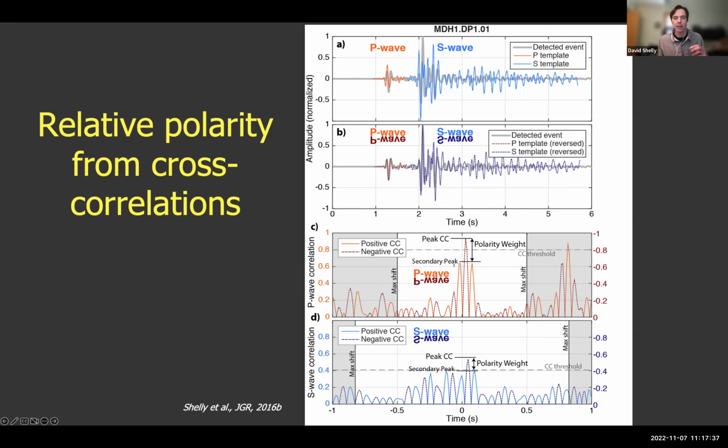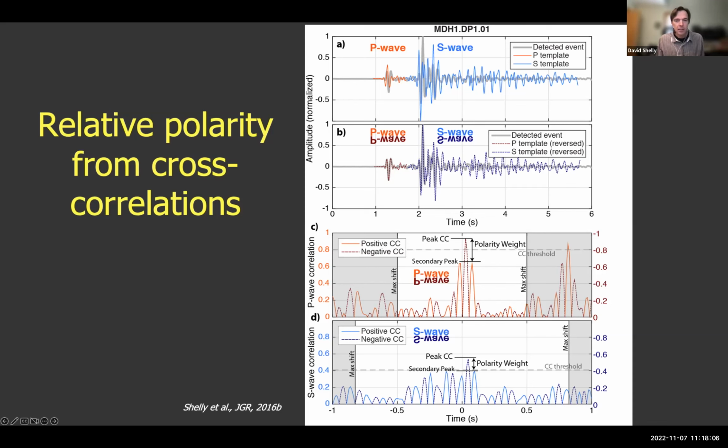And we use that as a proxy for how confident we are in that relative polarity between events. And I don't have time to go through the whole technique of how we boil stuff down, but essentially we have millions and millions of measurements like this. And even if individual measurements are noisy, we can boil down all of that data into something that's pretty robust.